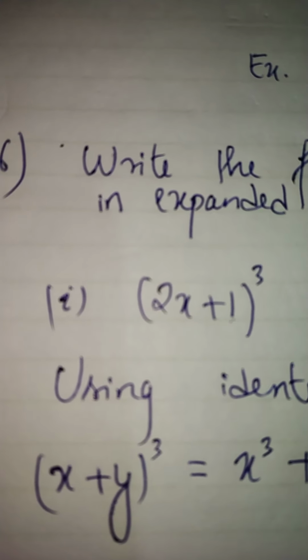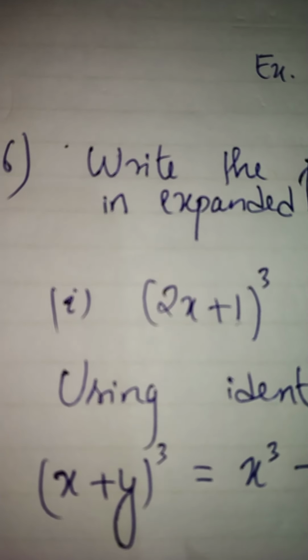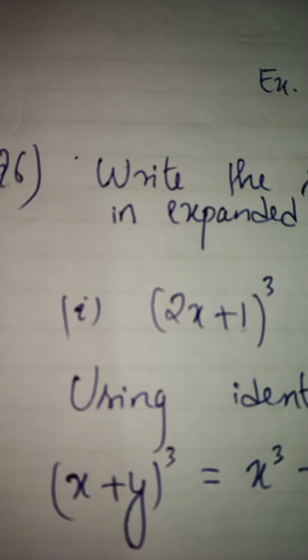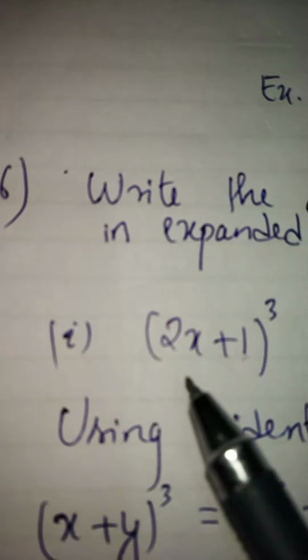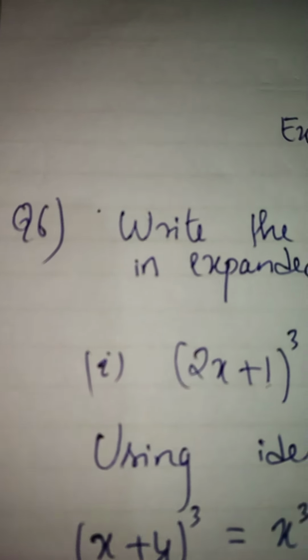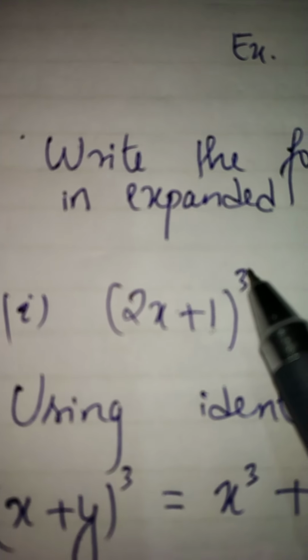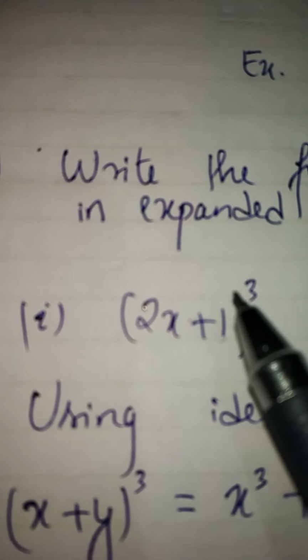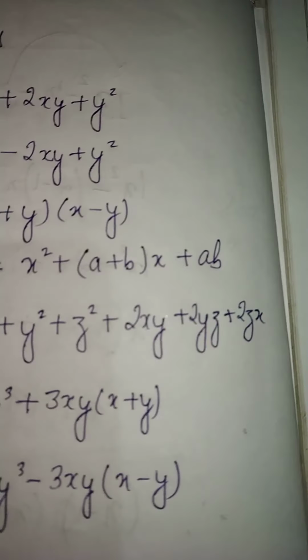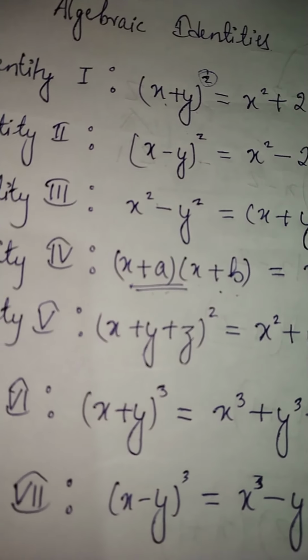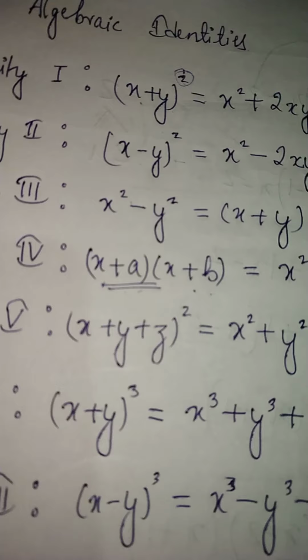Now let's go back to the algebraic identities and check which identity should be followed in order to solve this question. Now remember students, there are two terms with a plus sign in between them and a cube is there. So we'll check such an identity.